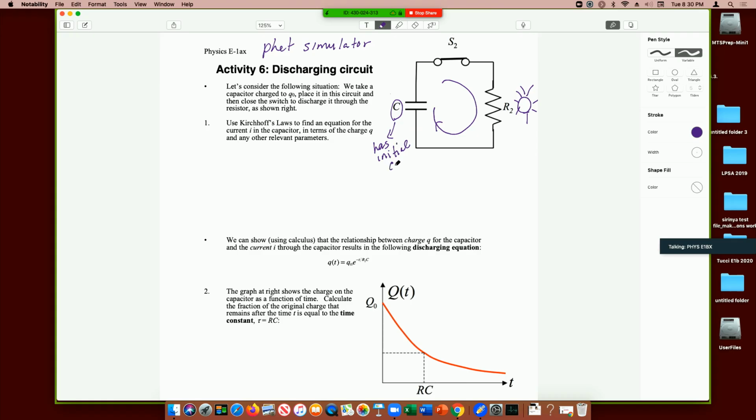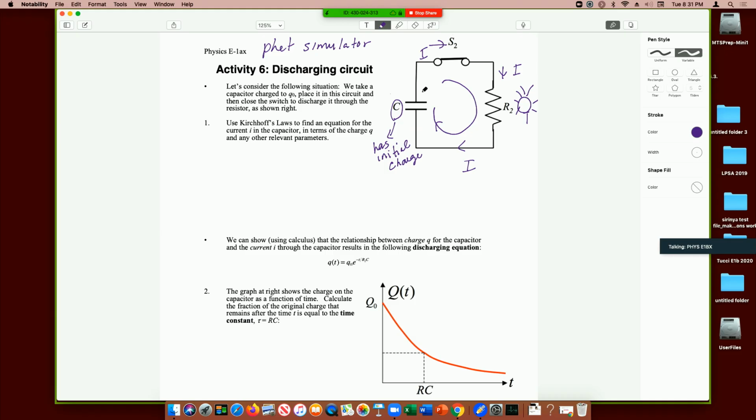We're charging it up ahead of time. I think if you don't realize that, then this is really confusing. So you close the switch, and the current is going to go this way, and then this way, and then this way, and then I've drawn my loop there.